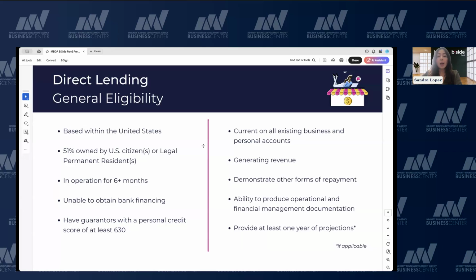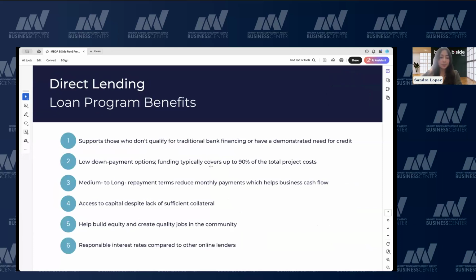However, if we come across applicants that have a lower credit score, we also have different options available for them to get that financing, even if the credit score doesn't meet the minimum required. And overall, we want to see applicants that have the financial information to demonstrate repayment, as well as a business plan and income projections.